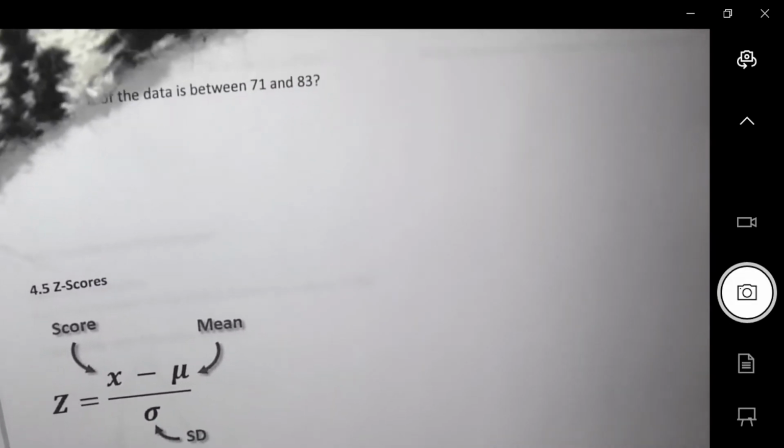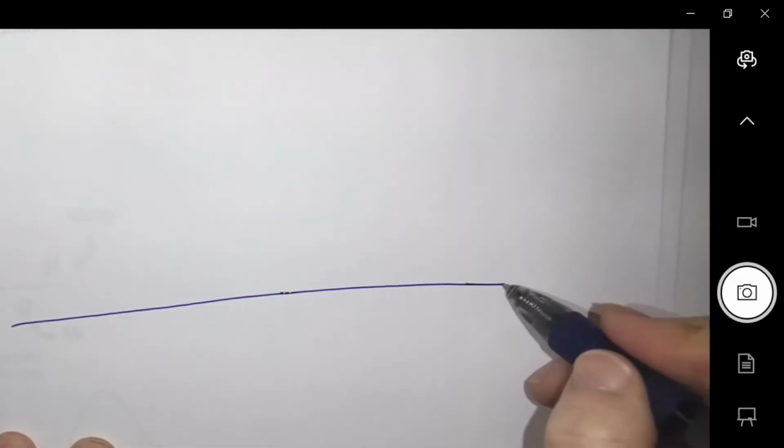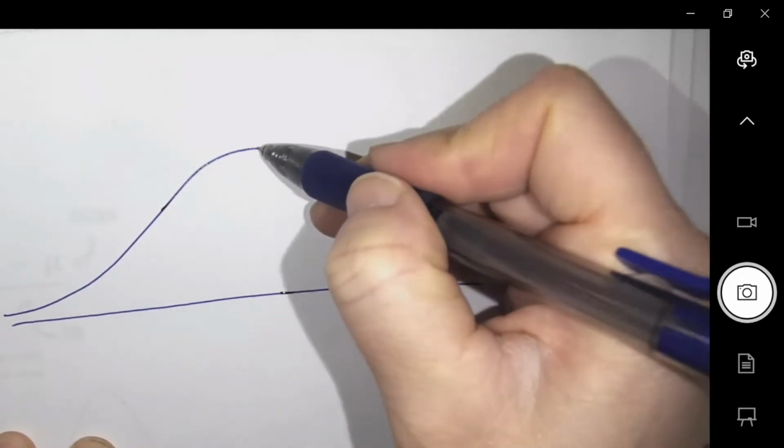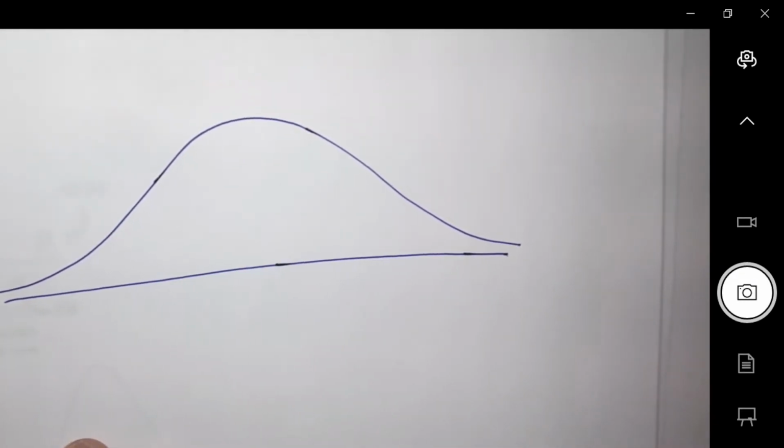Okay, grab your cheat sheet. We're going to put this on your cheat sheet. Okay, I need you to draw me a normal distribution bell curve.